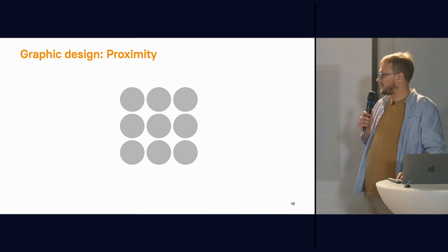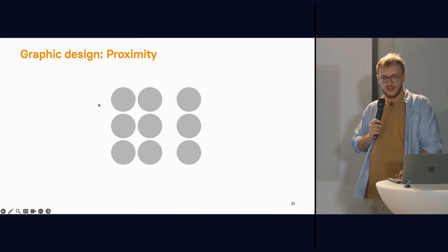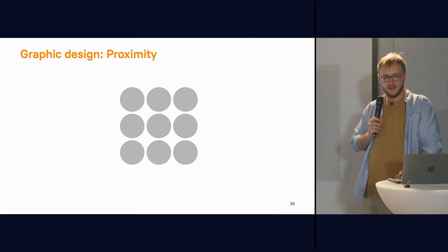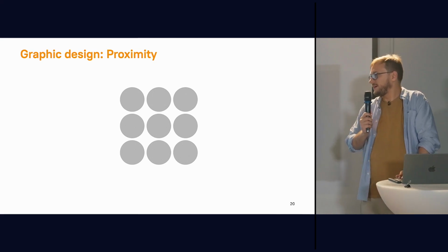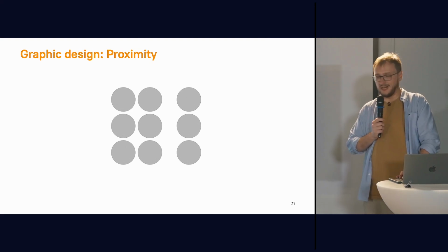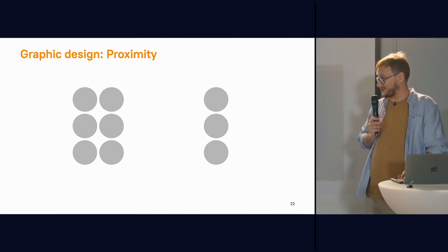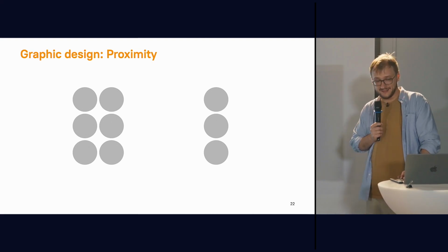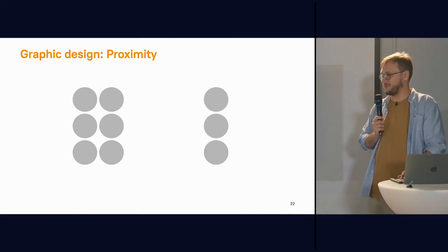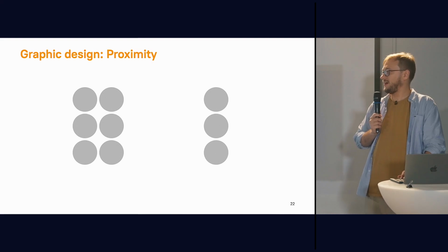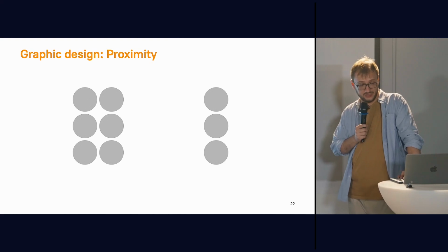For example, if we have just 9 circles and we start to separate them, there are going to be different groups. Before, it was 9 circles equally related to each other. Now there are 2 groups of circles. Unfortunately, some wars start like that: people separated by something, and we are against them just because of some separation.